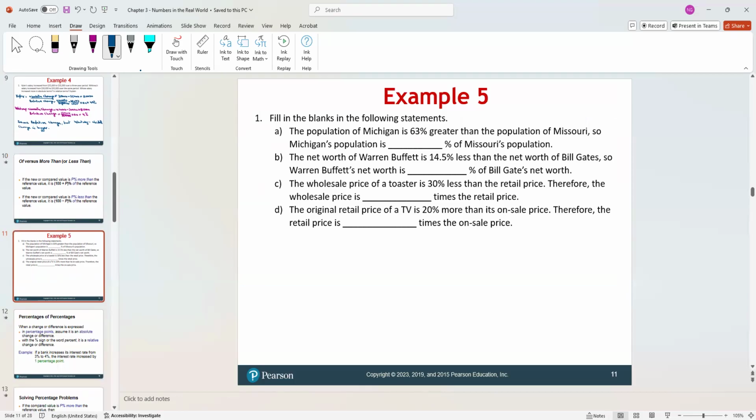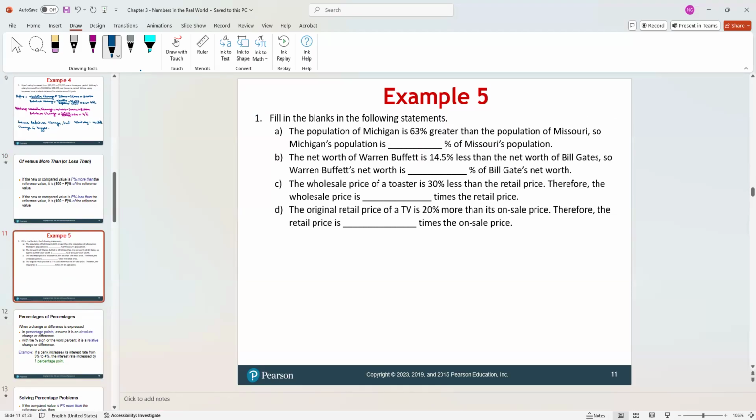All right. Here they give us a few exercises, where we complete the following sentences or fill in the blank.